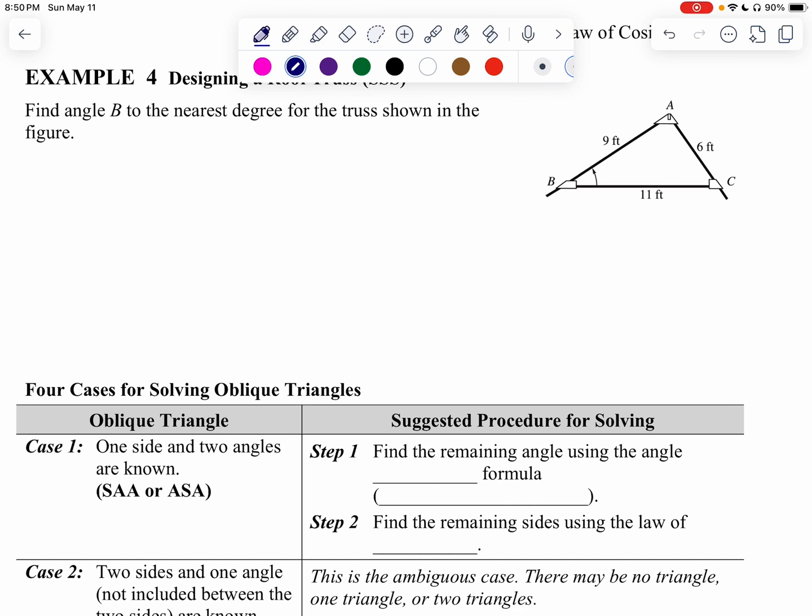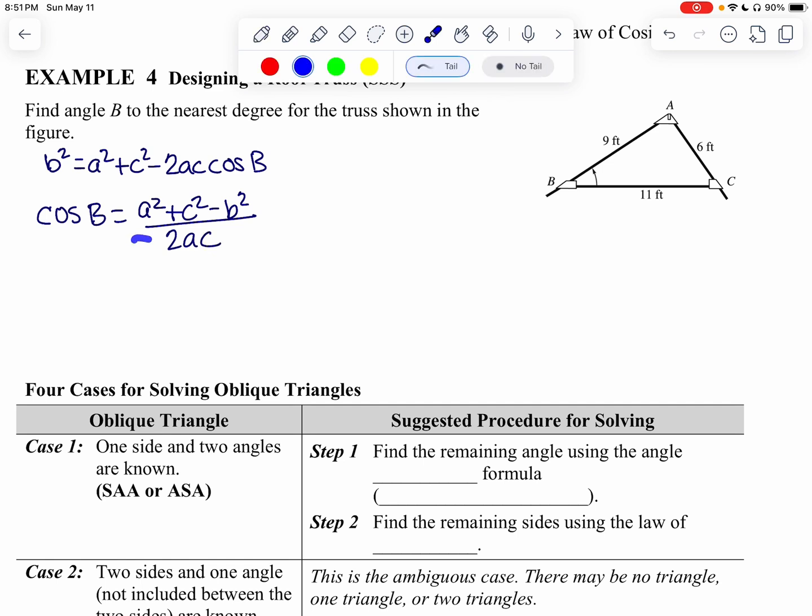All right. So we know that we have a squared, b squared, and c squared. And if we're looking for b, then we want the version that has cosine of b in it. So b squared equals a squared plus c squared minus 2ac cosine of b. Again, rearranging, we get the cosine of b equals a squared plus c squared minus b squared over 2 times a times c.